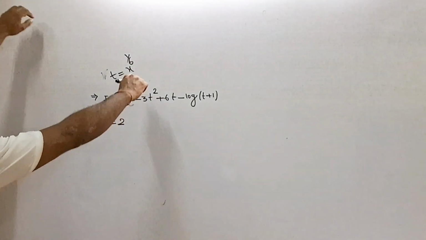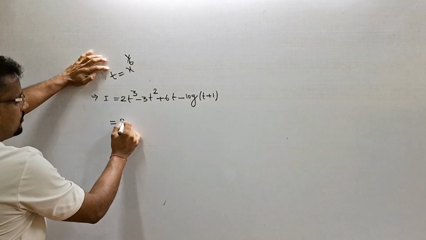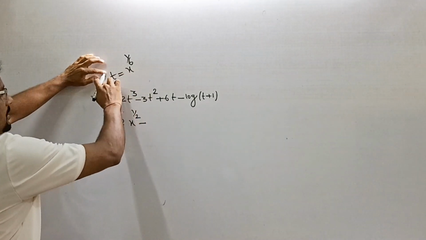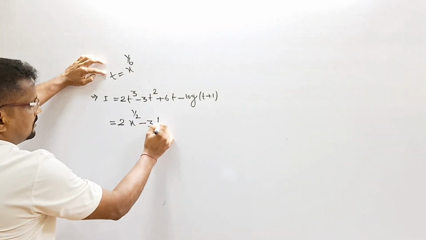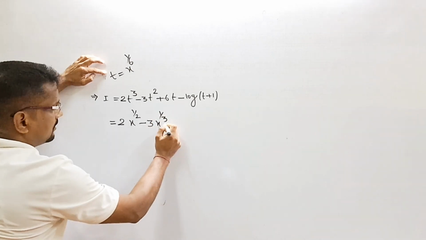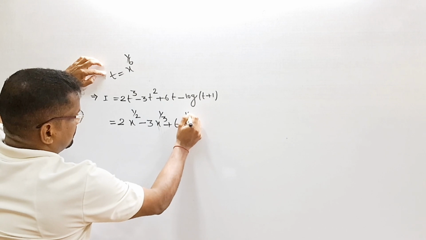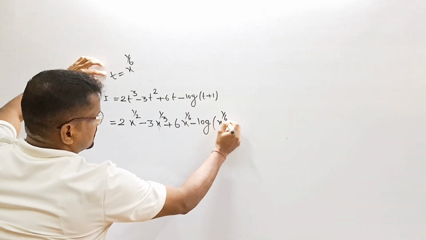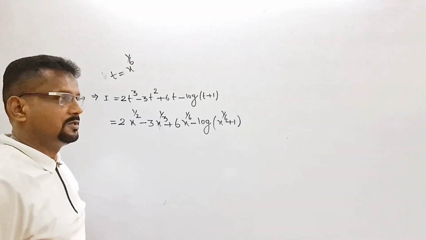So if we put x to the power 1 by 6 here, taking cube on both sides, it will be twice of x to the power 1 by 2, minus, and if you take square on both sides, t square you will get, that will be thrice of x to the power 1 by 3, plus 6 times t, which will be just x to the power 1 by 6, minus log of x to the power 1 by 6 plus 1. Just substituting the value of t.